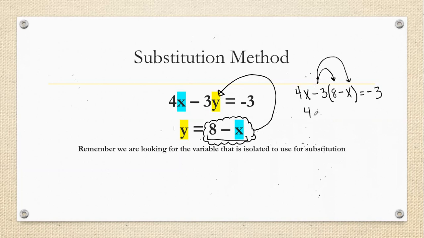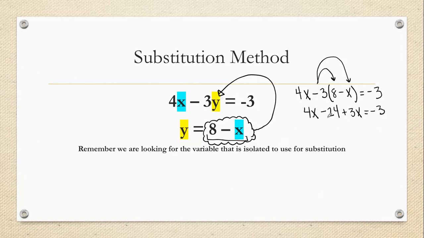So that will give me 4x. Negative 3 times 8 is negative 24. Negative 3 times negative x is positive 3x. Equals negative 3. And then what?